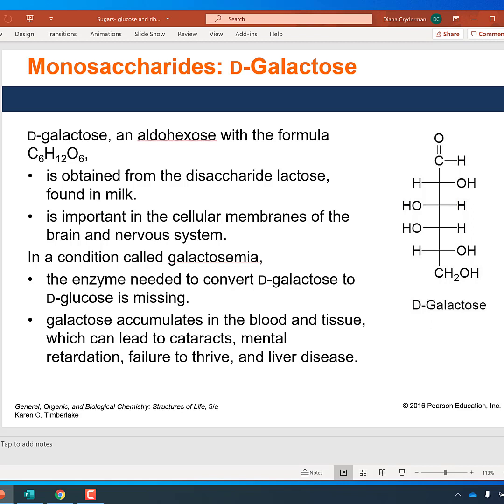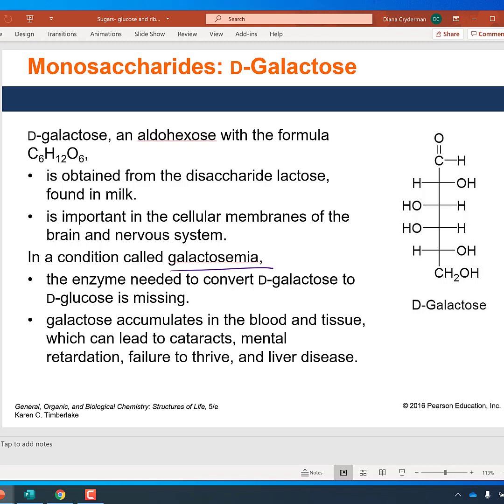Galactose here is also an aldohexose, so it's also an aldehyde with 6 carbons. It is part of a disaccharide that is found in milk. In fact, when we bond it with glucose, it is formed in milk. It's also really important in the cell membranes of the brain and the nervous system. We do have the potential for a condition called galactosemia.